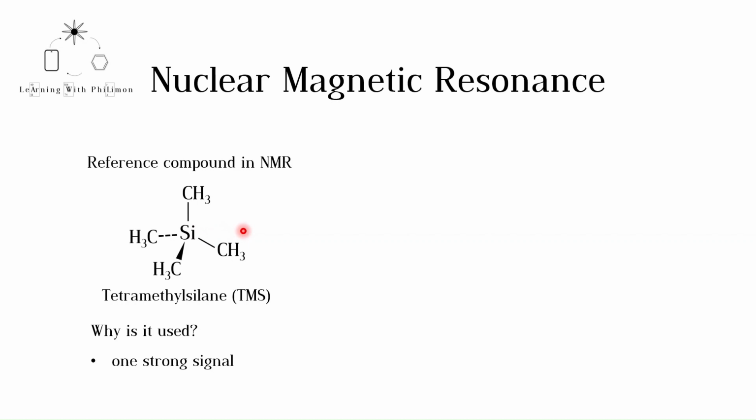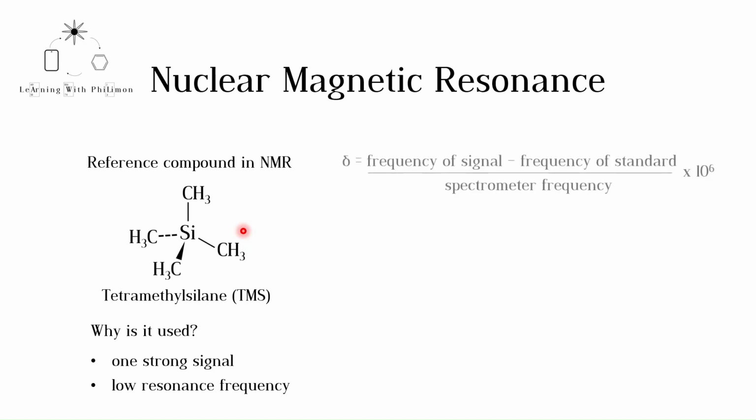This means that they require a low frequency to achieve resonance. This makes TMS a good standard, as almost all other hydrogen nuclei in other molecules will require a higher resonance frequency. To calculate the chemical shift, delta, we use the following equation.